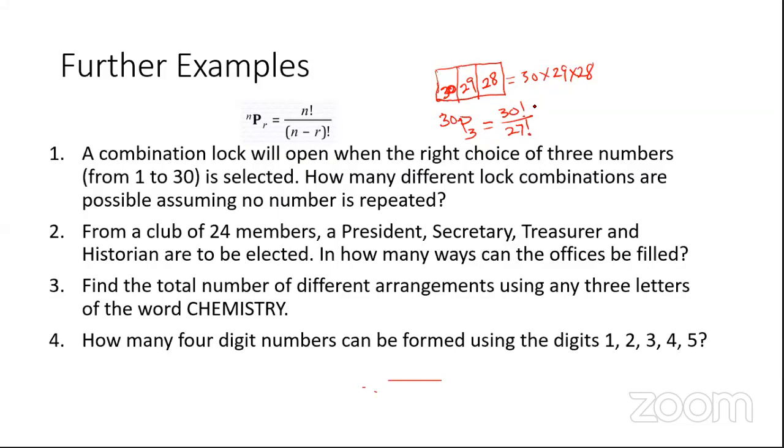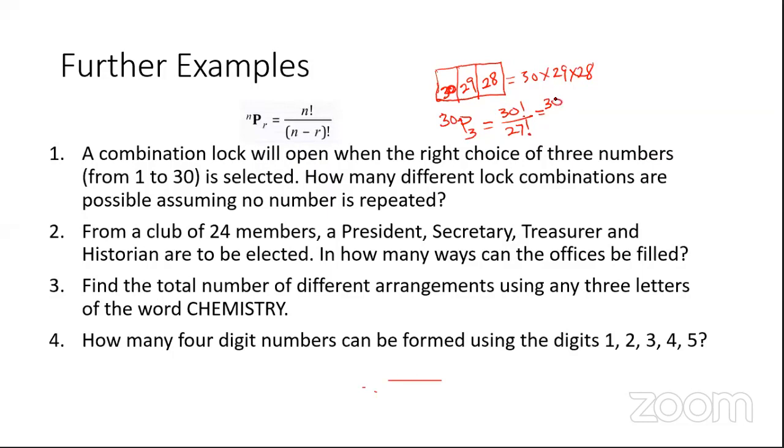So if you do that, according to what we have learned in factorial, which one is greater? 30 is the greater.